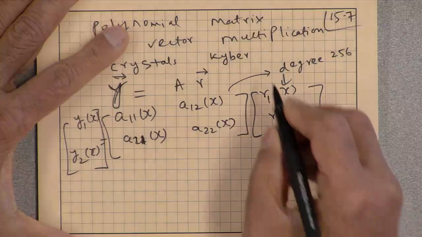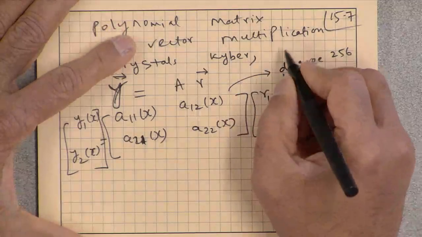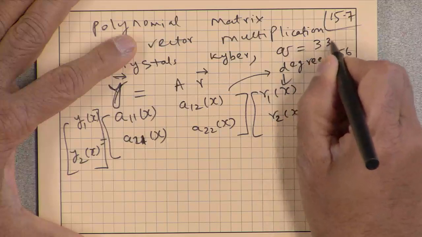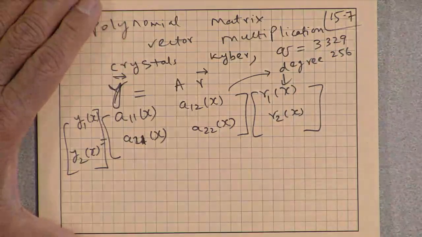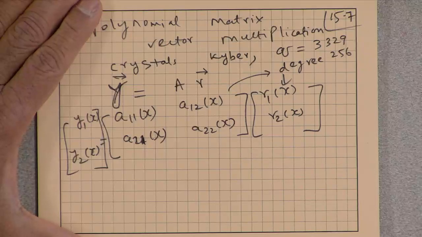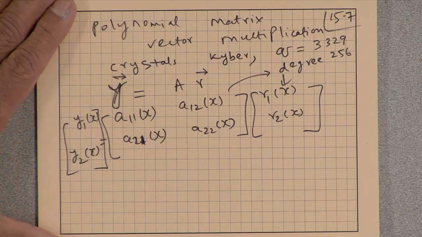So in this Crystals-Kyber, Q is 3329. So this can be implemented using 12 bits, 2 to the power 12 is 4096. So Q can be represented by a 12-bit integer.